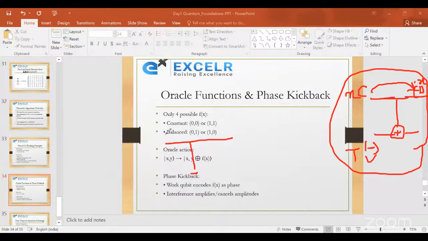If this is the control and the input is x, then in the output we have -1 to the power x.